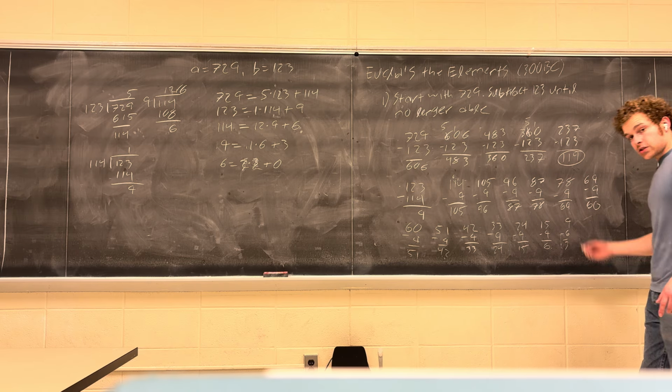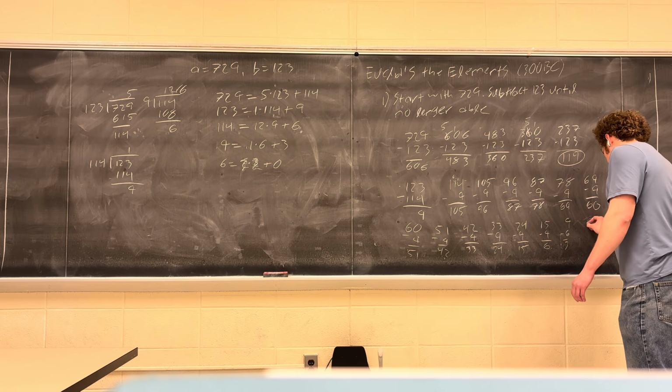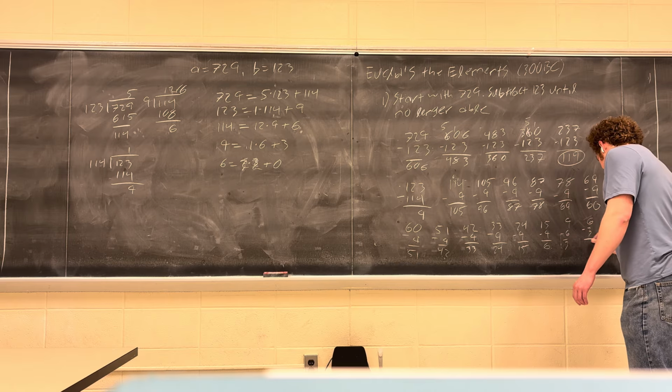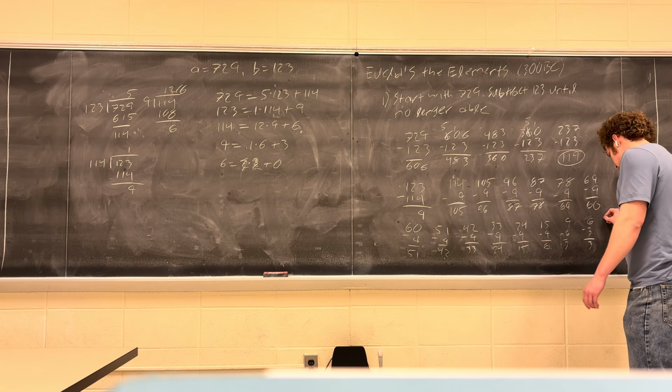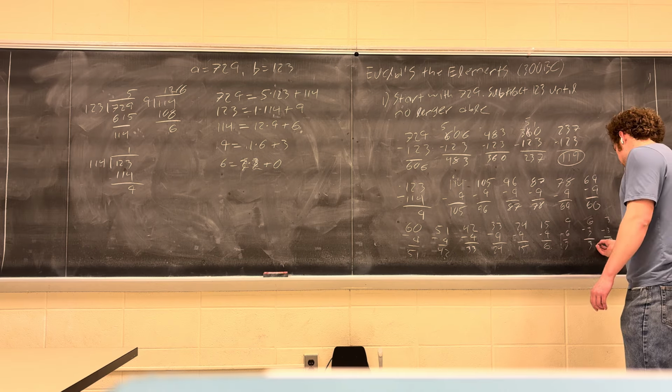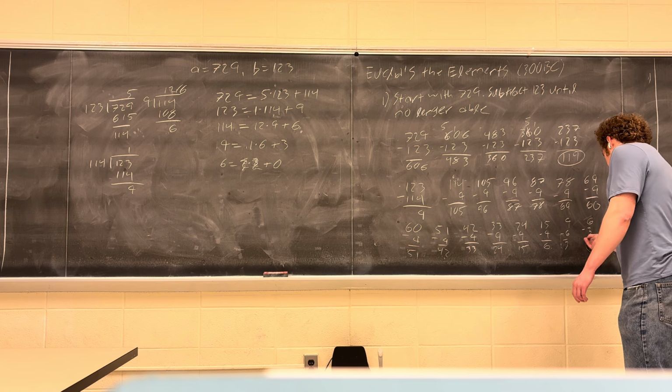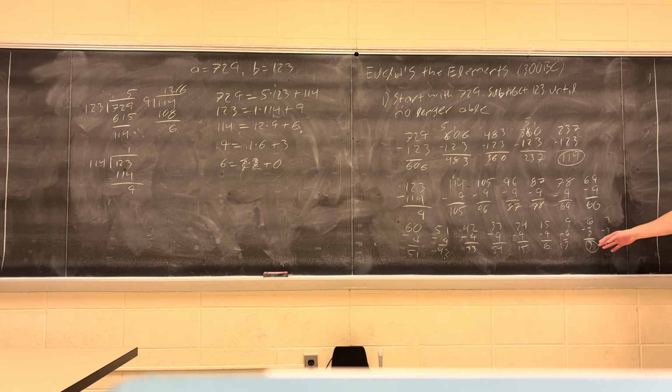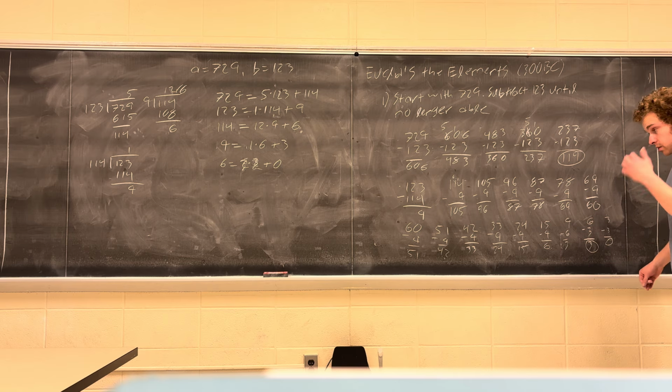Okay, we can't subtract 6 anymore. 6 minus 3 equals 3. Oh, well, 3 minus 3 equals 0. So the smallest number in our sequence that's going to be divisible by the greatest common divisor is 3, right? After we subtract 3 from 3, we get 0, because 3 goes into 6.